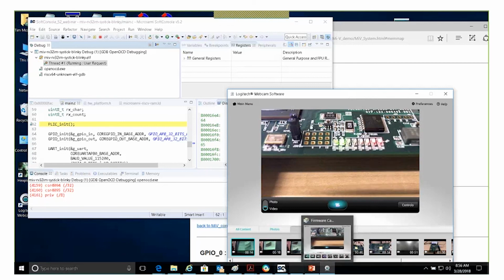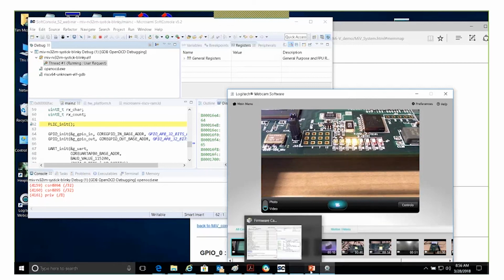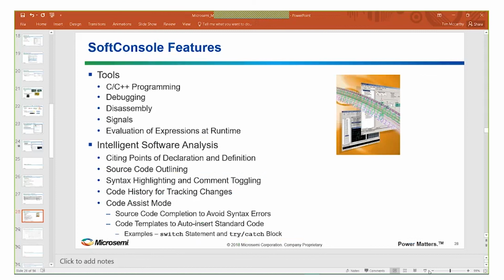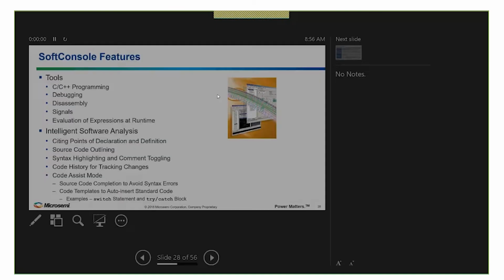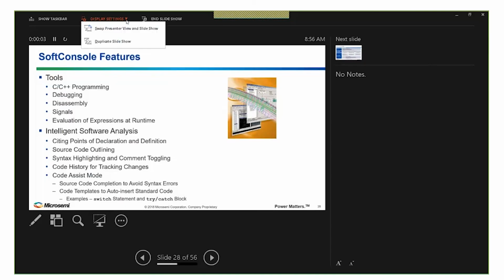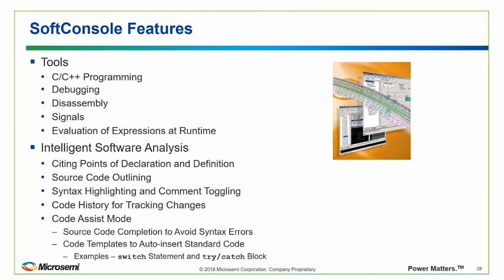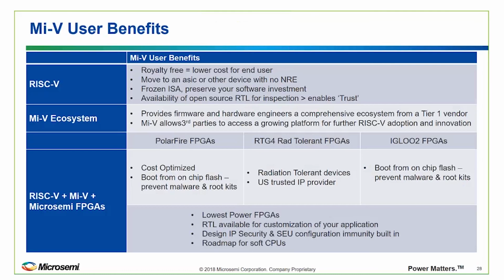So let me just kind of wrap up here, and then we'll see if there's any questions. So the benefits for our Mi-V ecosystem, from the standpoint of using RISC-V, it's royalty-free. So that means a lower cost for the end users. You can move to an ASIC or another device without paying any NRE.